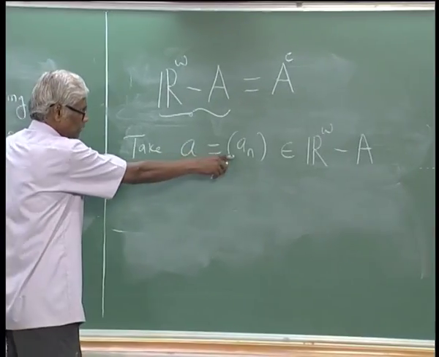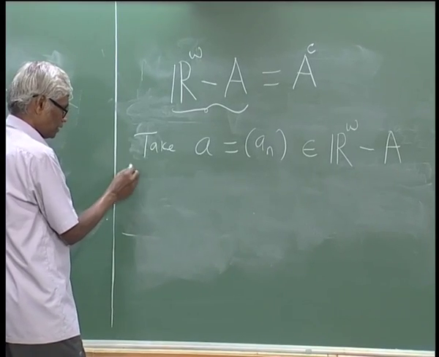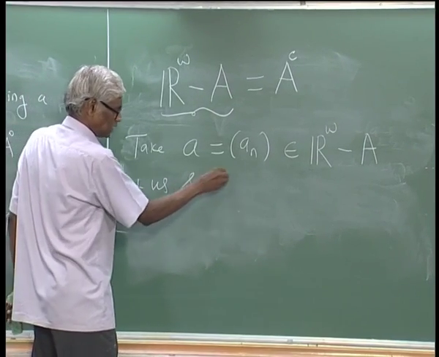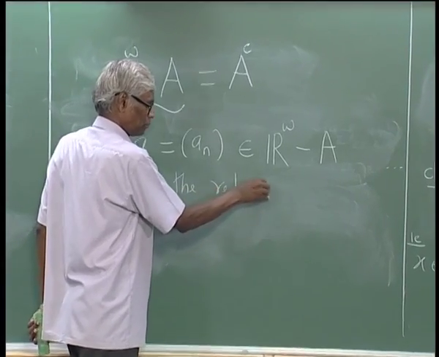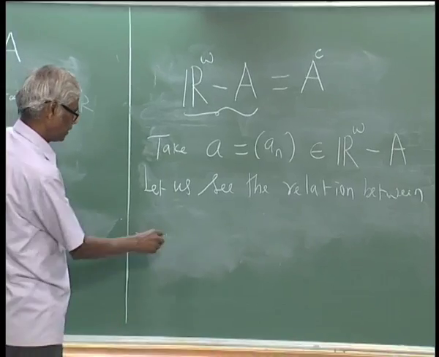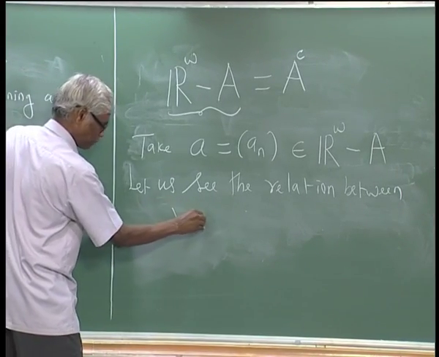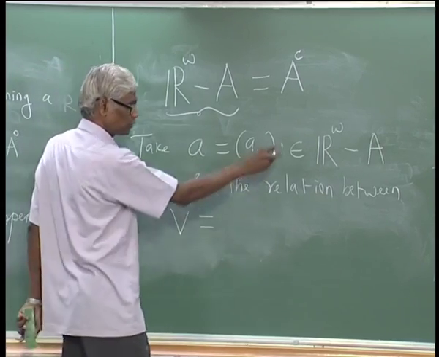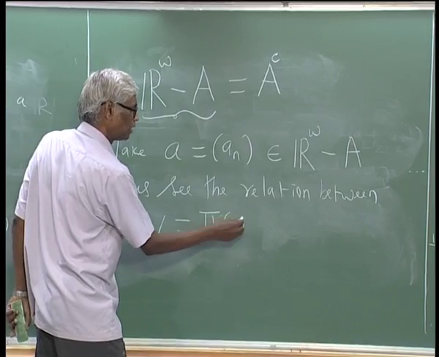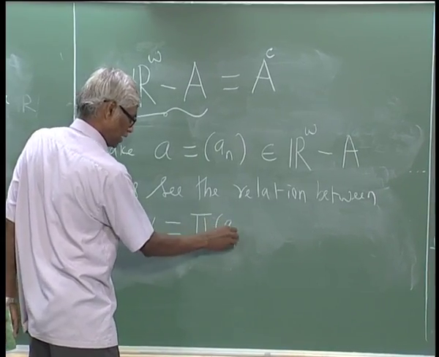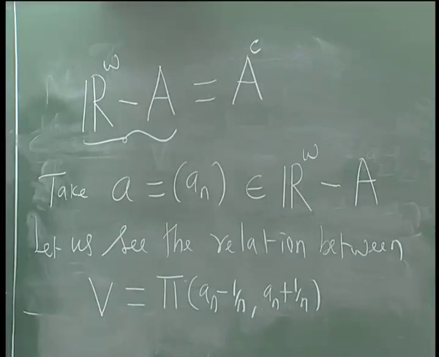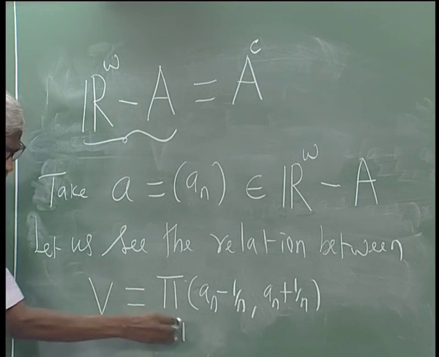Now in this case, let us see the relation between the neighborhood, the open set V, again we are using the same notation V. Instead of the earlier form, we will use the product notation, the product of open intervals with center a_n: (a_n minus 1 by n, a_n plus 1 by n), for n from 1 to infinity.